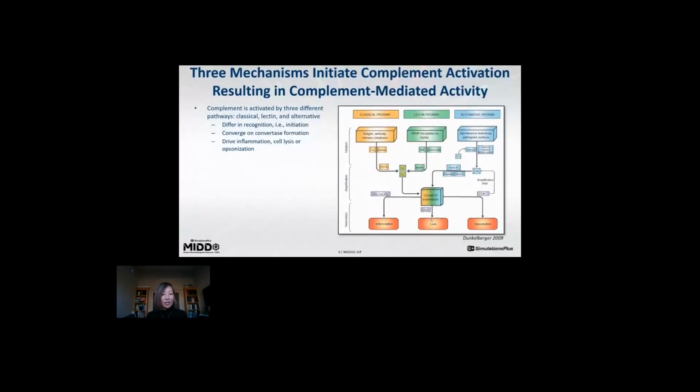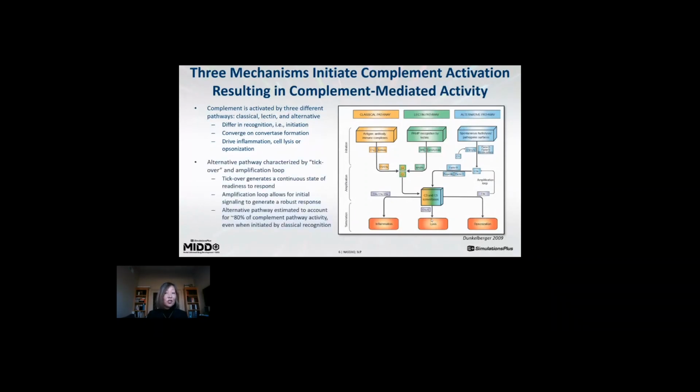I'm going to spend just a minute talking about the alternative pathway on the far right. This pathway is interesting because it's characterized by a couple of features, namely tick over and amplification. Tick over is a low-level activation event that is regulated by all the regulatory factors to keep your body from going into an inflammatory state.